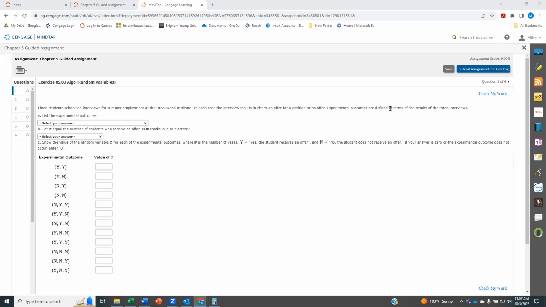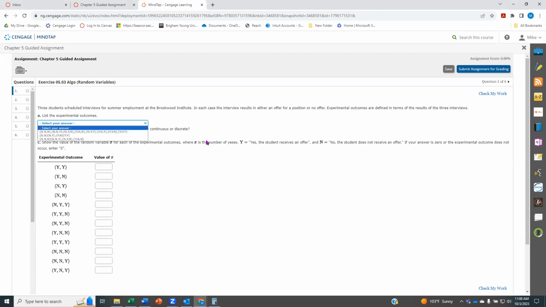Experimental outcomes are defined in terms of the results of the 3 interviews. So it doesn't say anything about if one person gets a job, then the other 2 can't, or that their chances are diminished. It sounds like there's equal opportunity for each of the 3 students to get the job. So what are our potential experimental outcomes?